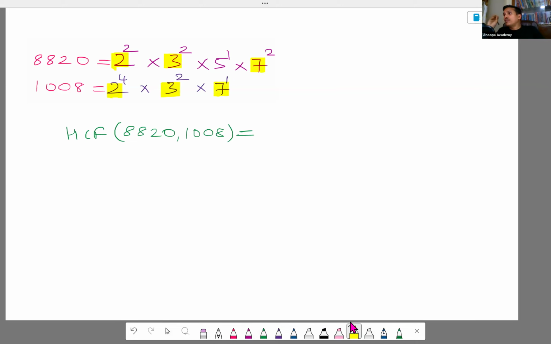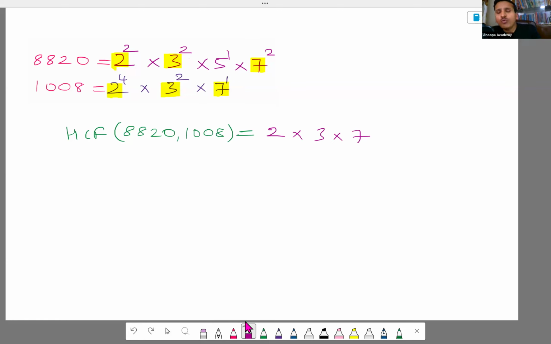I repeat, whenever you want to find the HCF using the prime factorization method, first see the common prime factor. First write that 2, 3, and 7. And put the lowest power of the common prime factor. See, lowest power of 2 is 2. Lowest power of 3, both are the same power, so we can put 2. And lowest power of 7 is 1.